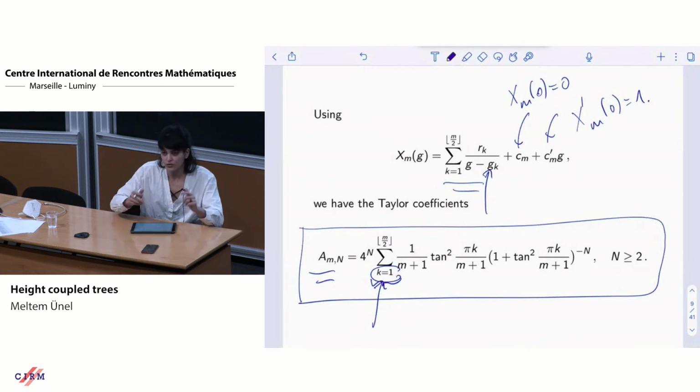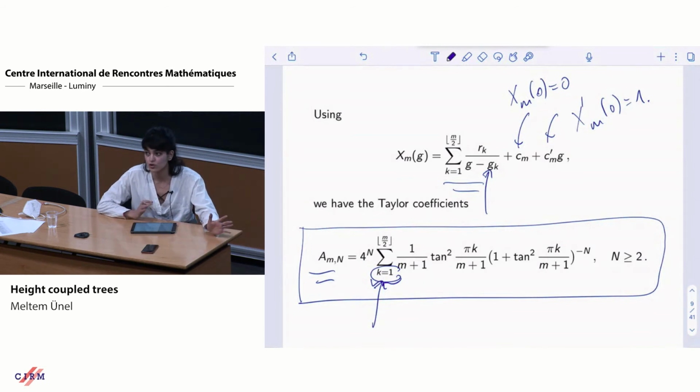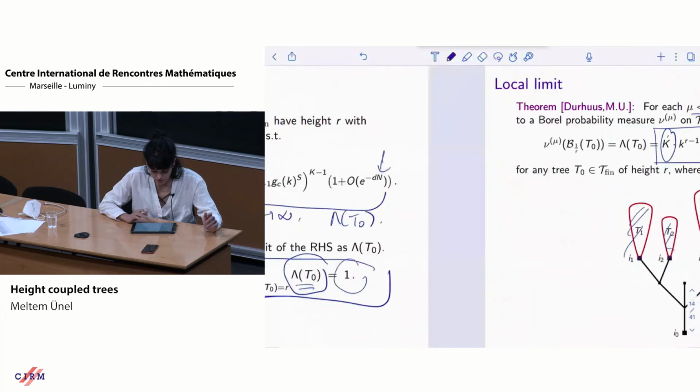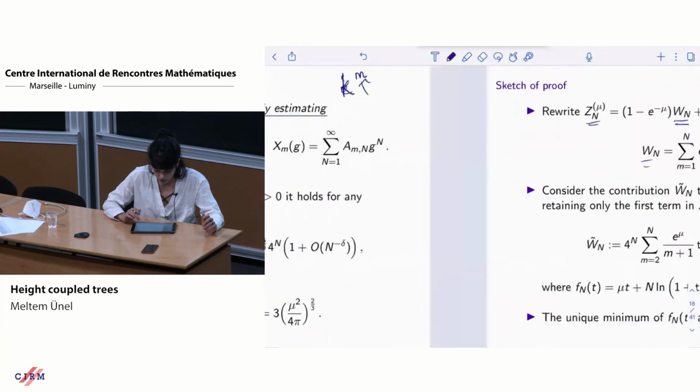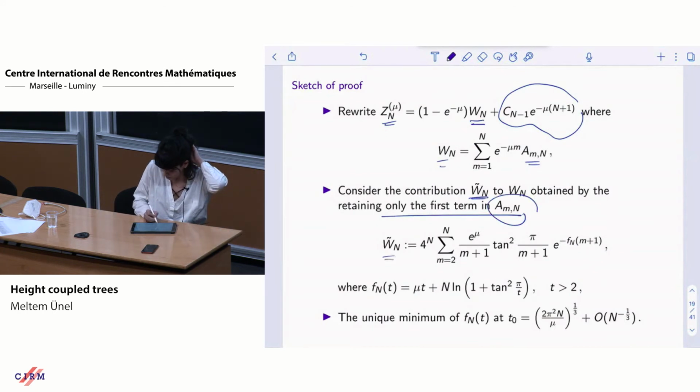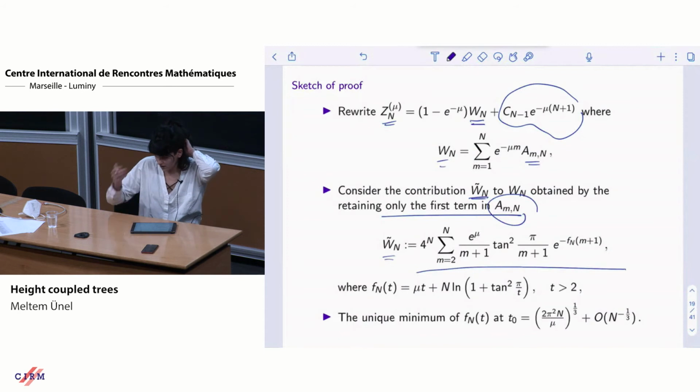And the rest of the terms are going to also contribute subdominant terms to the z and mu. So what we do, sorry for going back and forth, is we consider first contribution by retaining only the first term in AMN, and we define this omega tilde mu to be the contribution from the first terms.